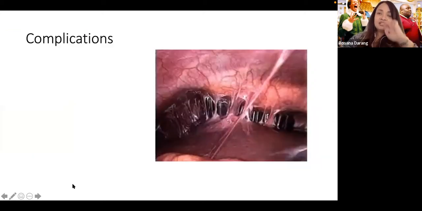So the complications of PID: this picture shows you a lot of scarring, adhesions, fibrosis. This might well be a scarred fallopian tube. Right? So that's a complication, and it can cause infertility because sperm will have a hard time finding their way into the salpinx or fallopian tube, and therefore they can't find the egg to be fertilized.